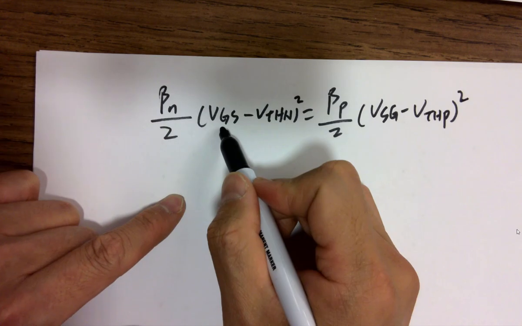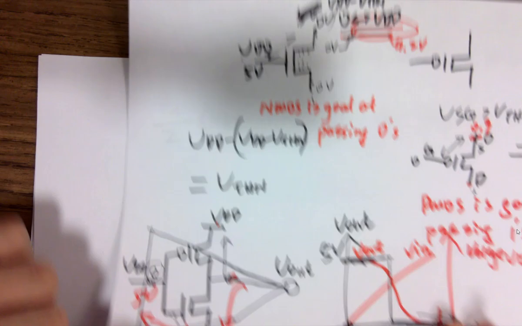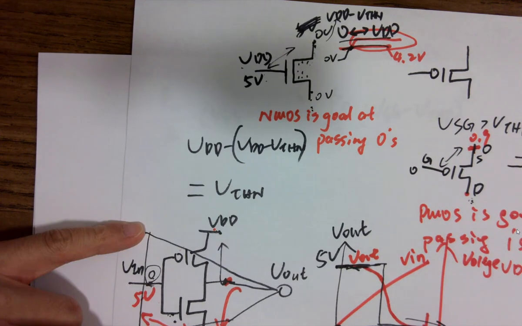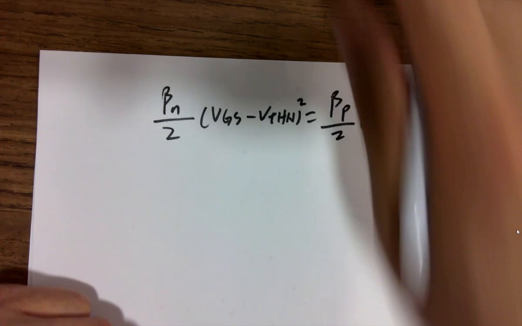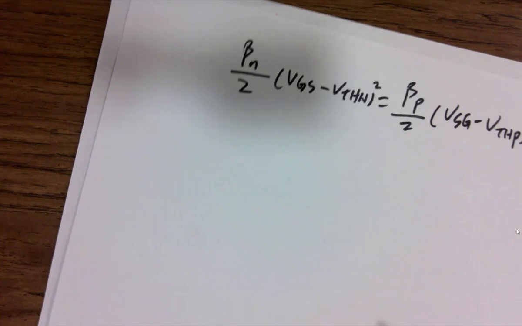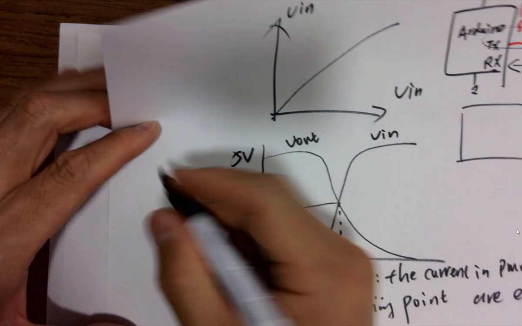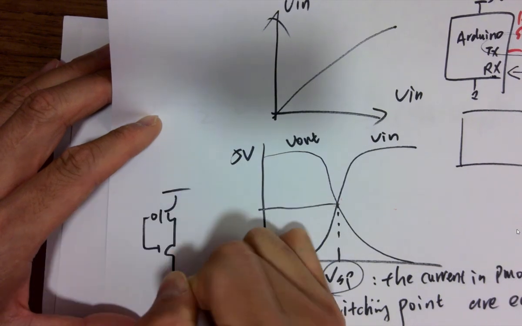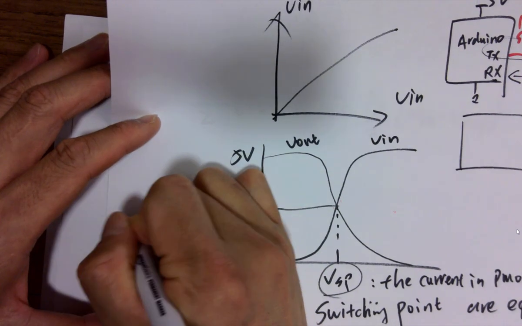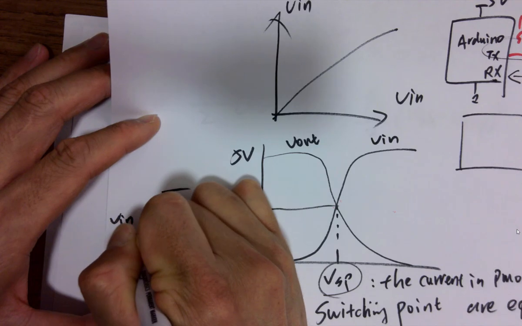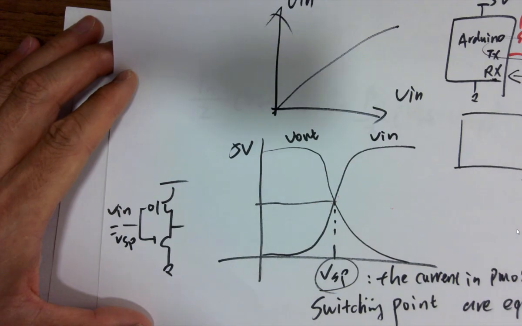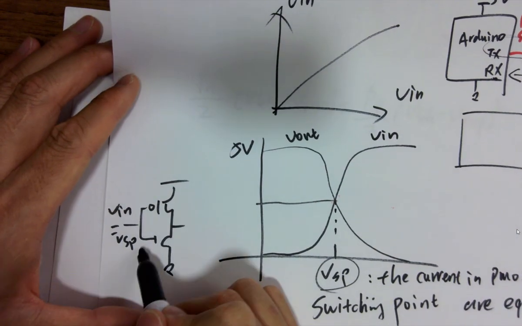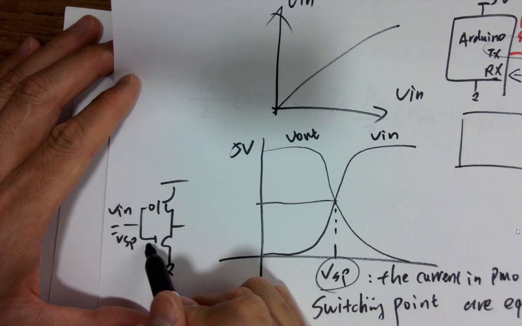And VGS, if you see the x-axis, when VN reaches VSP, VN equals VSP, because VN is VGS.